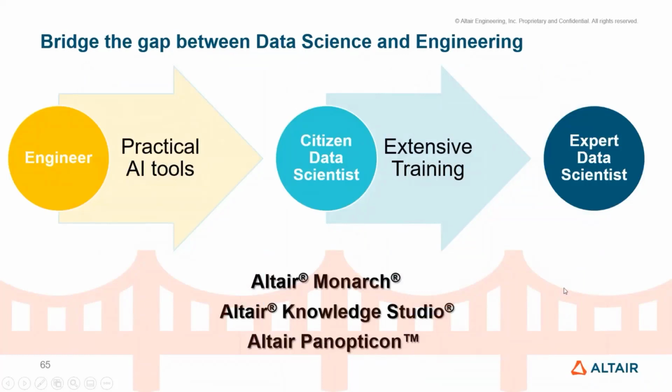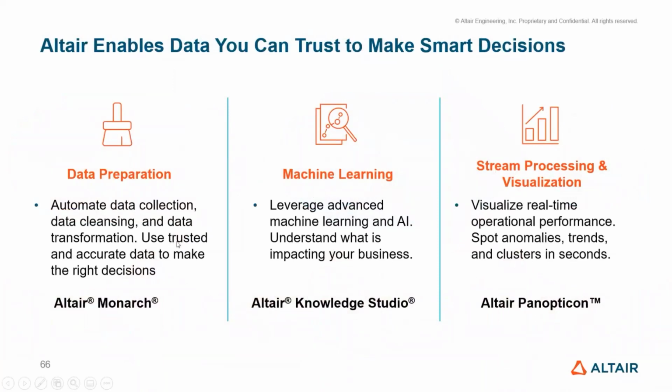You can leverage these to go from citizen data scientist to expert data scientist. These do not require any programming or a lot of time to learn. It is a very fast-forward process to become an expert data scientist. As I said, Monarch is data preparation, Knowledge Studio is machine learning, and Panopticon is streams visualization.